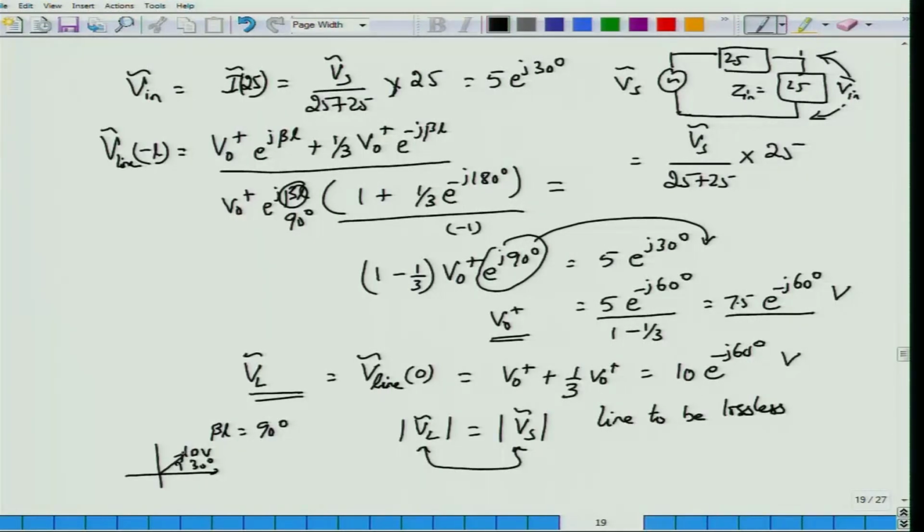But after delay by 90 degrees, which corresponds to rotation in the counterclockwise direction, the load voltage will have the same magnitude, 10, but at 60 degrees below the x axis. The total phase shift between the source voltage and the load voltage will be equal to 90 degrees, and this 90 degree phase difference is introduced by the transmission line.